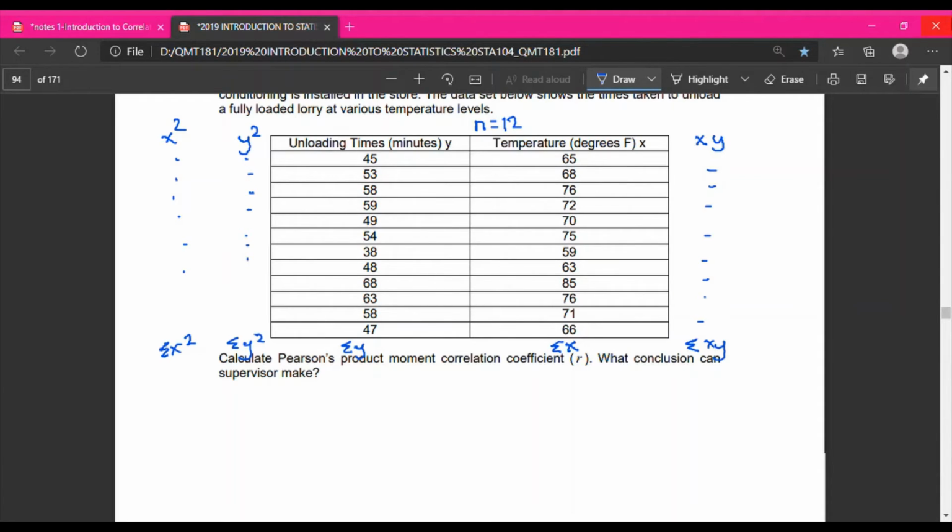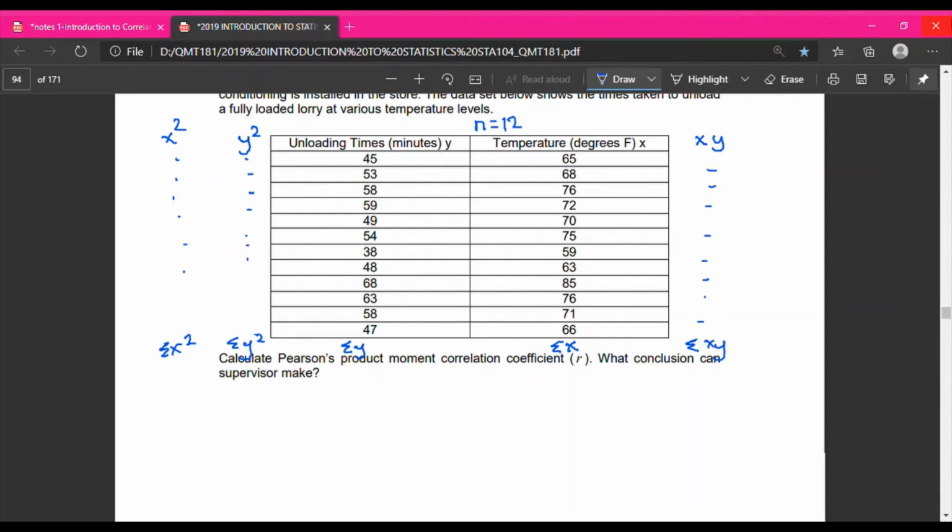So now we want to extract the values: the summation of x square, summation of y square, summation of y, summation of x, and also summation of xy. So what to do is press shift. Shift, take the sum, which is number 1. Shift 1, and it appears as summation x square, summation x, and also n.